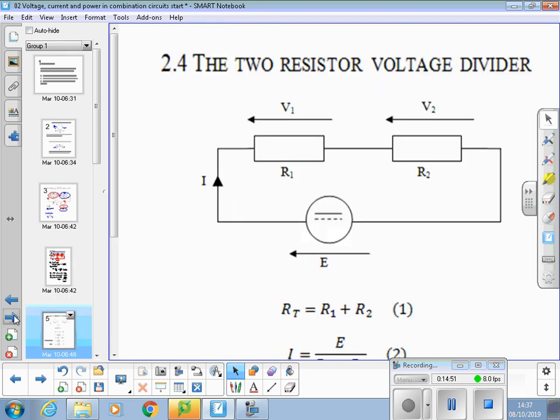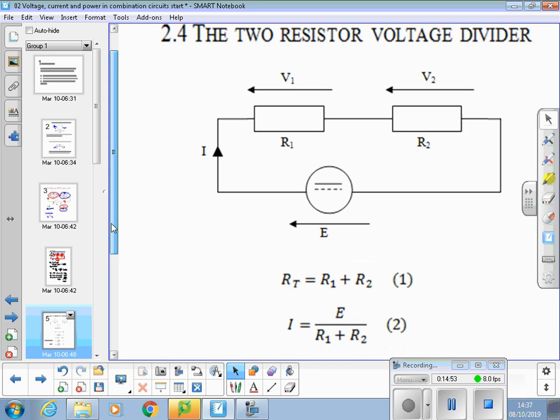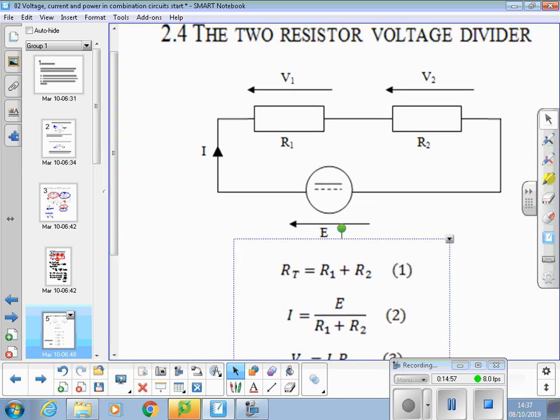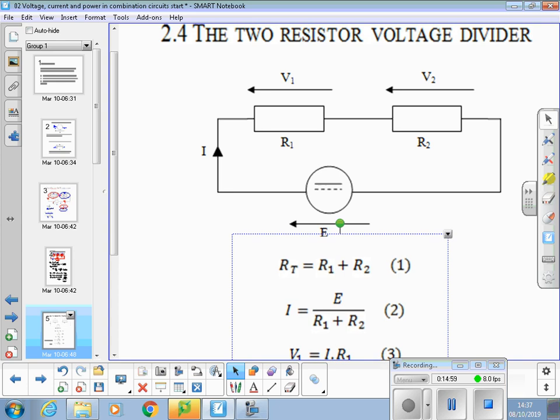Now, there's a particular thing that you can do with a 2 resistor potential divider. We've already discussed that the total resistance of this is R1 plus R2, and we can write that, instead of RT in Ohm's law, the current is the voltage divided by the two resistors added together.